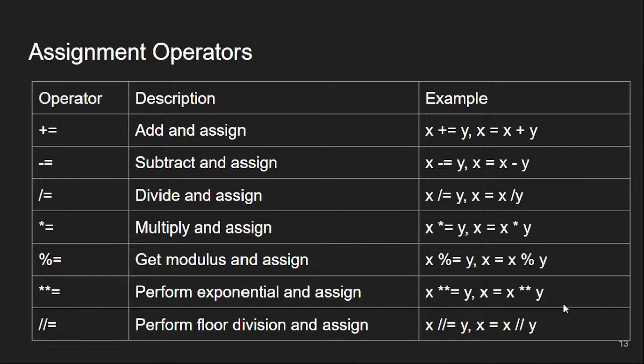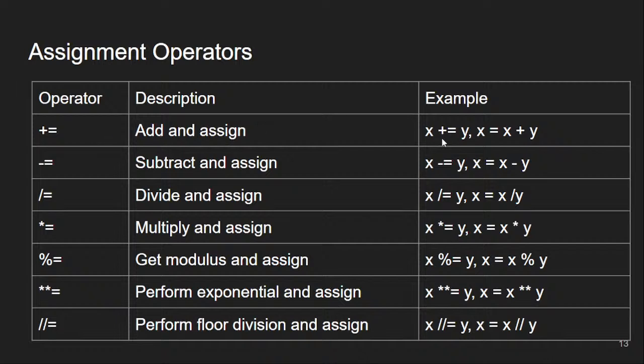Then we also have the assignment operators. Your assignment operators, you can see them, they are like short forms of this other statement. So we have the add and assign. Basically what that means is that you do the addition first, then you assign.